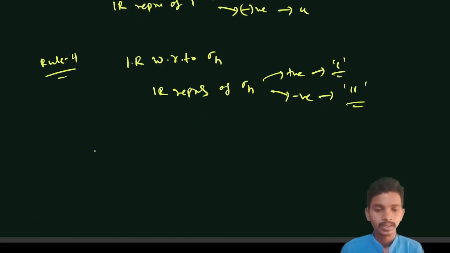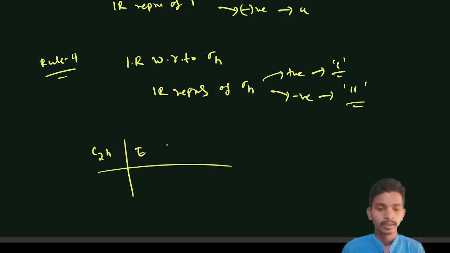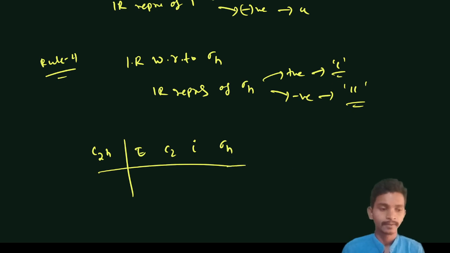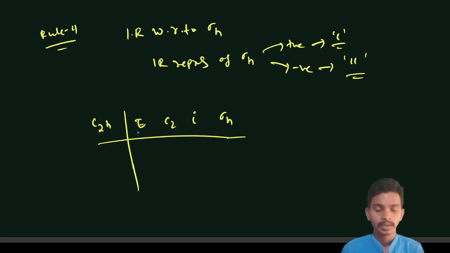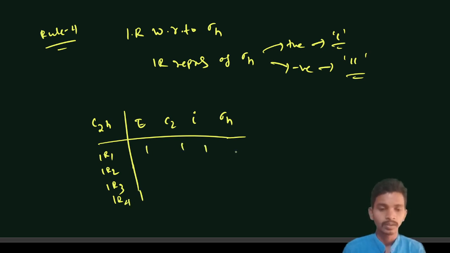Like if we have C2h point groups, then we have E, C2, I, and sigma h for these molecules, and we have IR1, IR2, IR3 and IR4. For the first, 1 1 1 1.